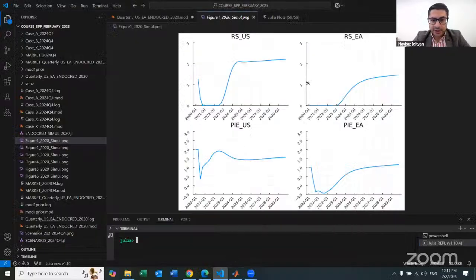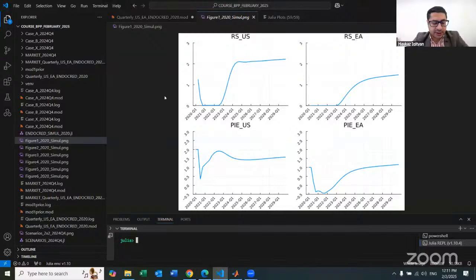Okay, I sent you the codes. You can also download these codes from your emails and put them in the same folder as we are in. Let me share my screen again and continue.